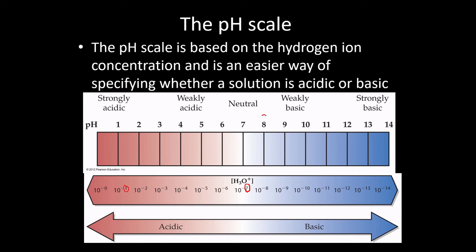You do not have to get all the way to 8 to be basic, or all the way down to 6 to be acidic. Just anything greater than 7 is basic, anything less than 7 is acidic. Did I say acidic twice? Anything greater than 7 is basic, anything less than 7 is acidic.